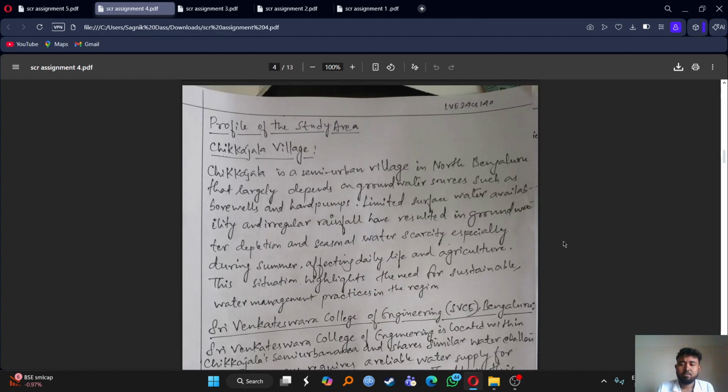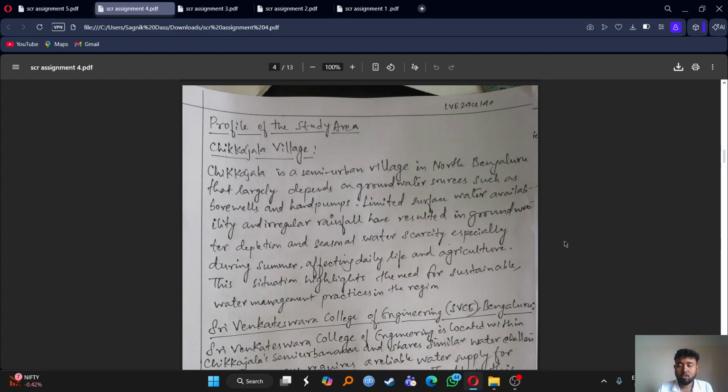Chikjala village, near North Bengaluru, is near the SVC college itself. The water table level is not that good. Rainfall is also irregular. Usually rainfall occurs during the rainy season, but apart from that, it is very irregular.